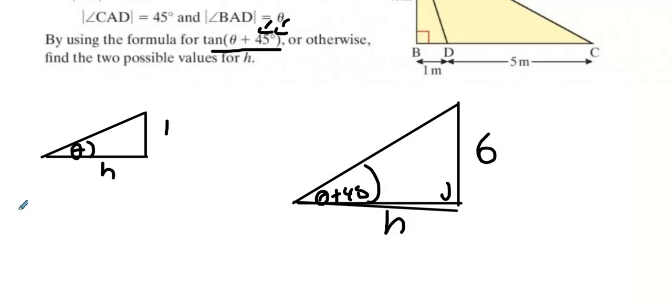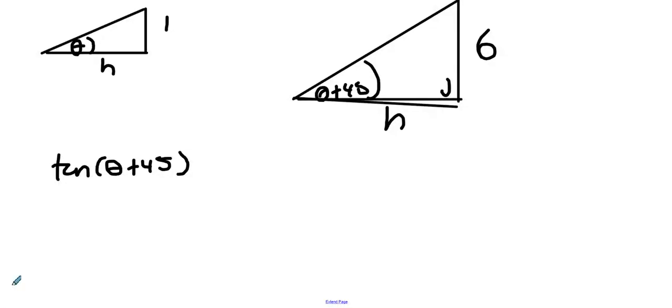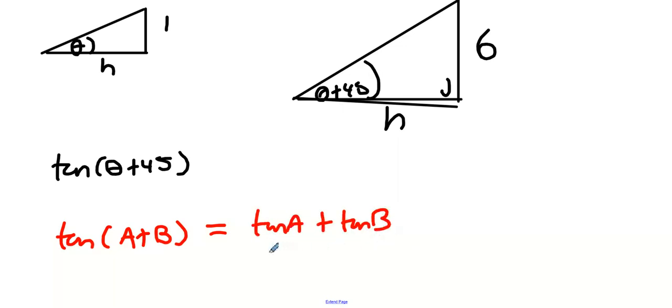Ready? We're using the formula for tan theta plus 45. What is tan theta plus 45? I'm in the double angle formula chapter, haven't I? The whole basis of this chapter is using these formulas here. So what's tan A plus tan B over 1 minus tan A tan B?